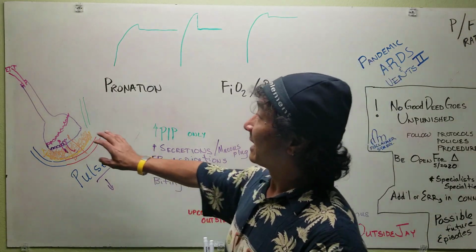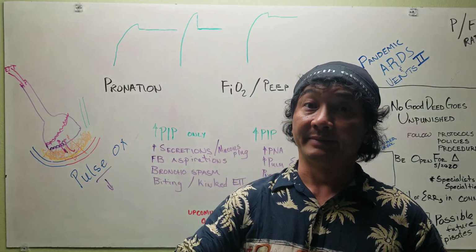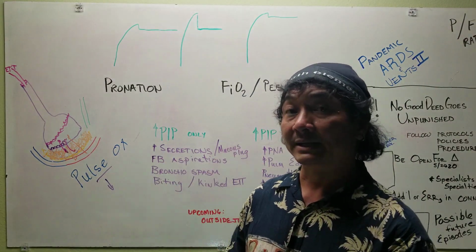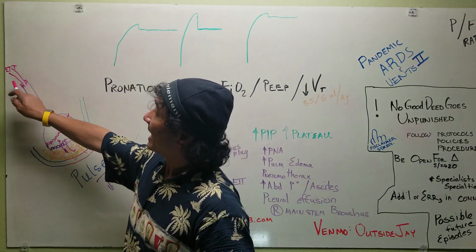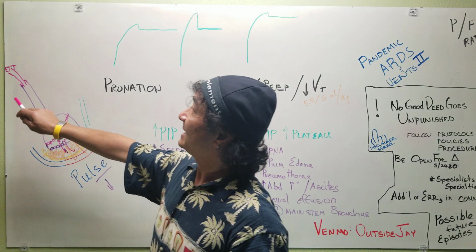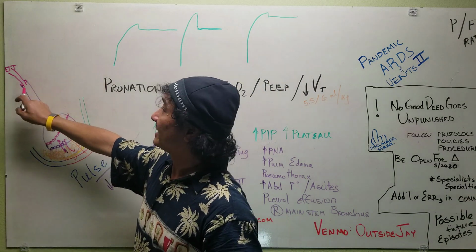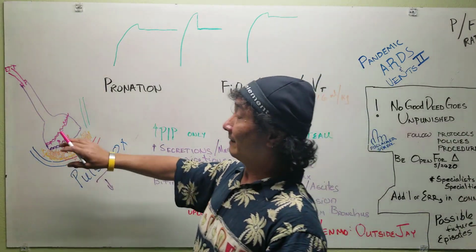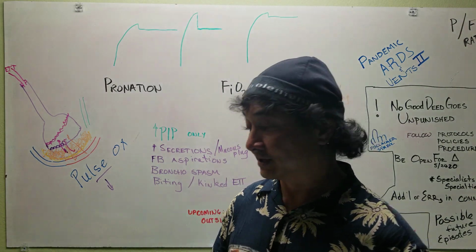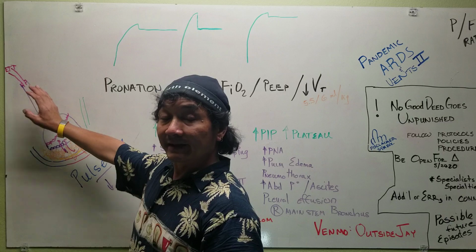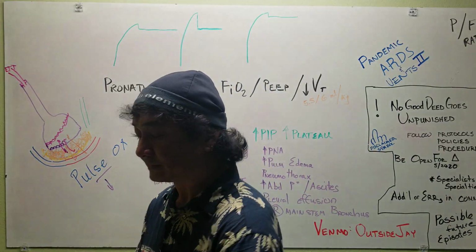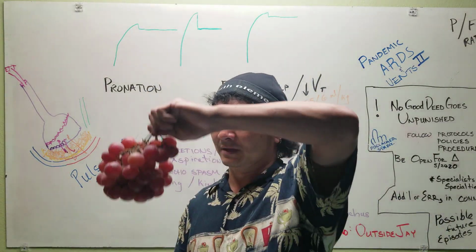So at this point, we're going to intubate you, or hopefully maybe you've been intubated before it gets this bad. I'm going to represent our ET tube as this little pink area right here, and I'm going to intubate the alveolus itself. I'll explain that in just a little bit, little disclaimer there. I'm going to intubate the alveolus itself, only because I love grapes.